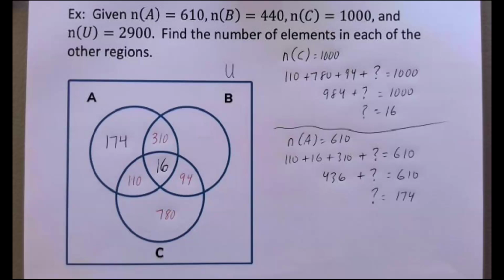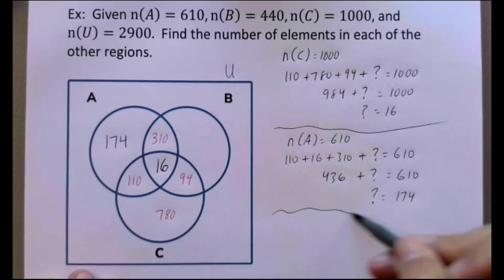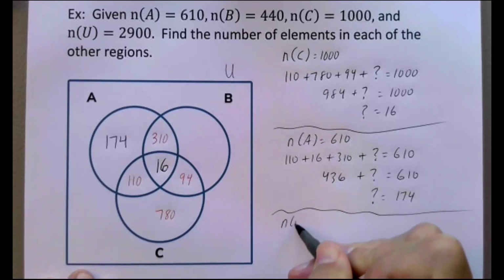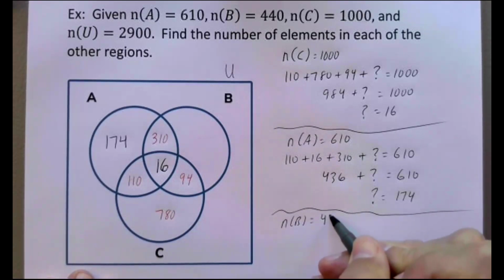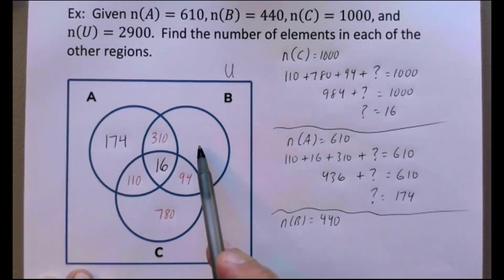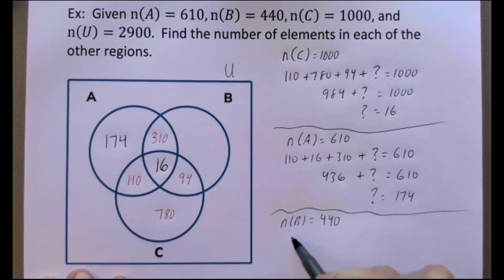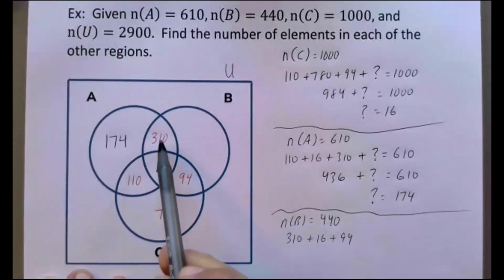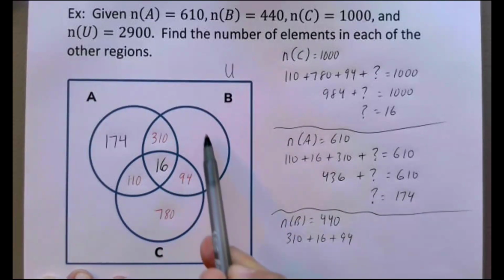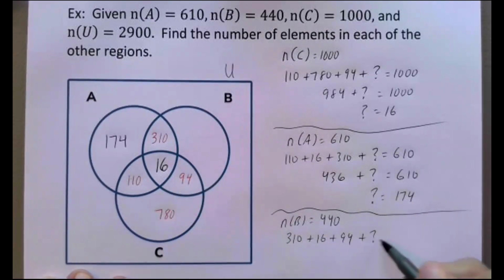Now the A circle should be adding up to 610. The C circle should be adding up to 1,000, and then the B circle also has to work out correctly, right? Remember the number of elements in the B circle was 440, or it's supposed to be 440. I'm still not sure about this part. So let's add up the things that we do know in the B circle. We know that 310 and the 16 and the 94, those 3 are in the B circle, plus the missing part is supposed to add up to 440.